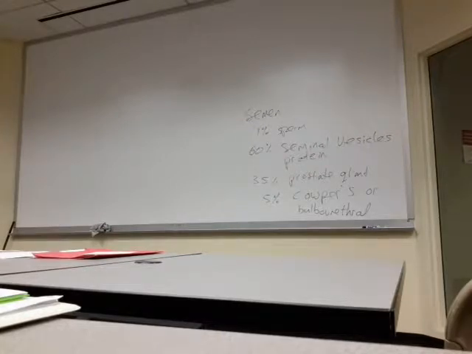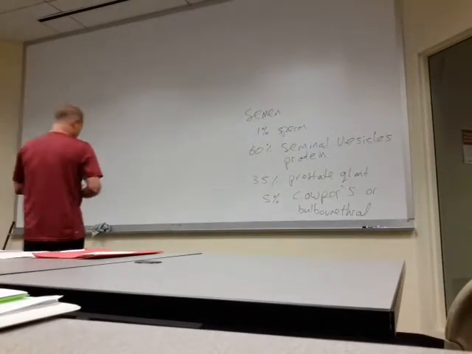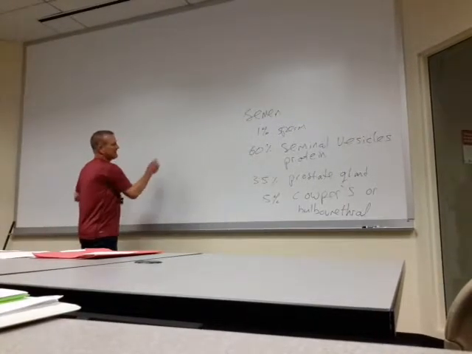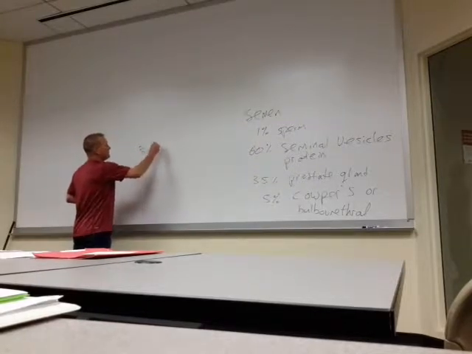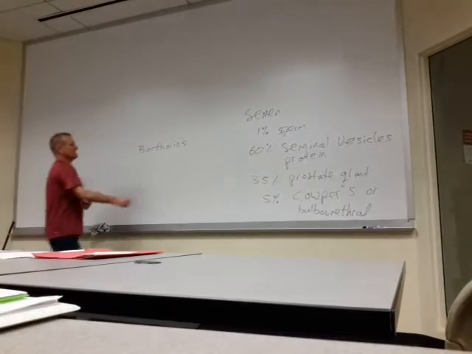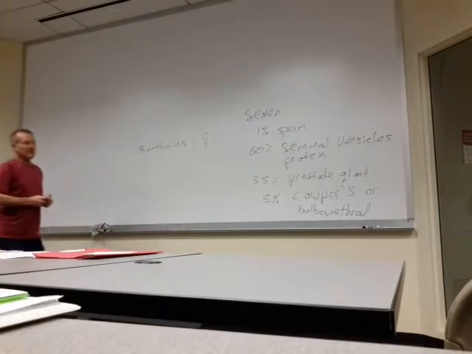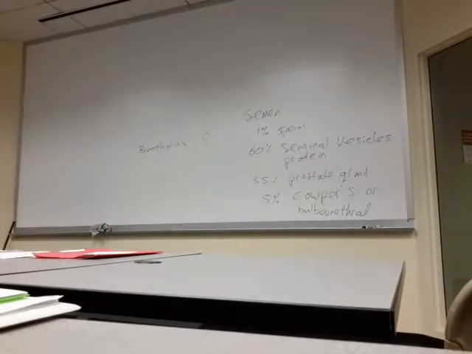So the idea is that the lubricating fluid, the pre-ejaculatory fluid, is released prior to coitus to aid in penetration. Now the only gland here that females have something similar to are Bartholin's glands. Okay, so these, again, are in females, and they produce lubricating fluid for the same purpose, to assist in penetration.